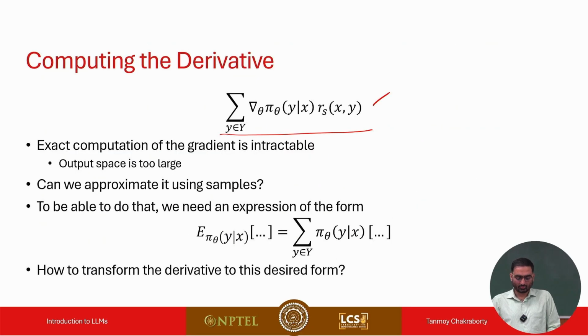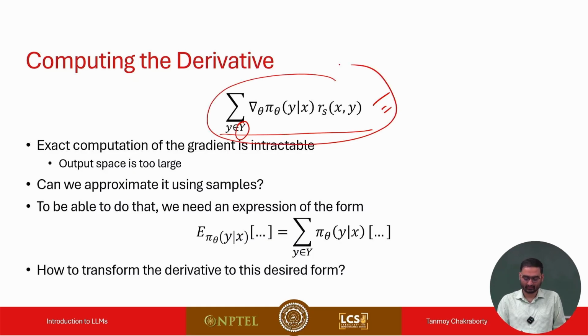Now exact computation of this gradient is intractable because you do not know the output space y, because the LLM can generate an infinite number of responses, right? So can we approximate it? In order to approximate this, I need to rewrite this expression in terms of some sort of expectation, which would look like this.